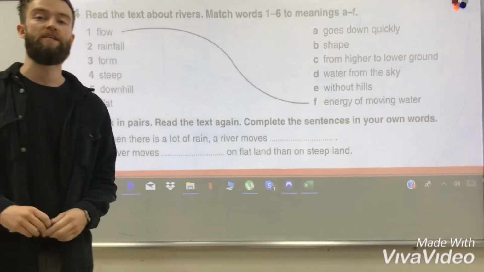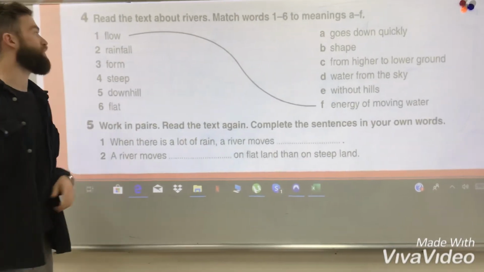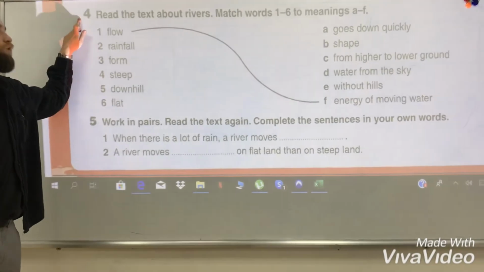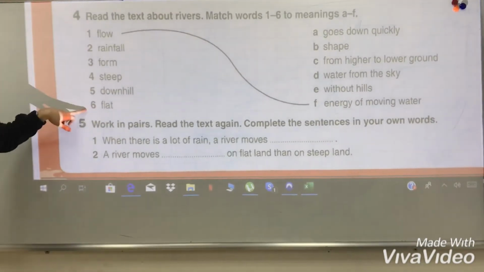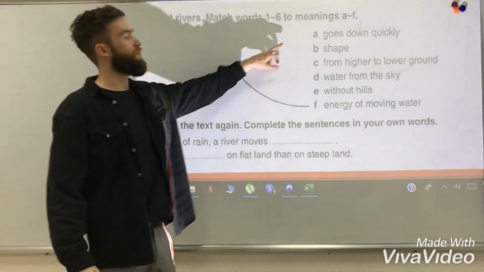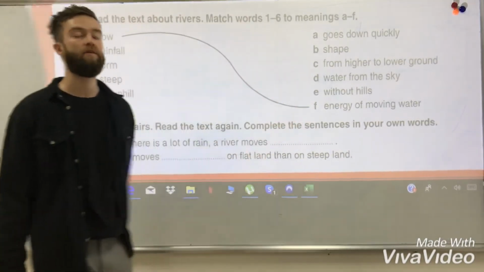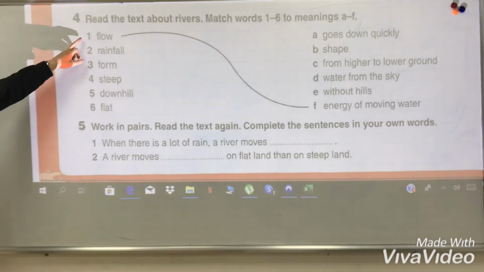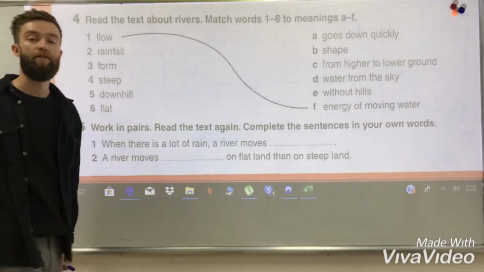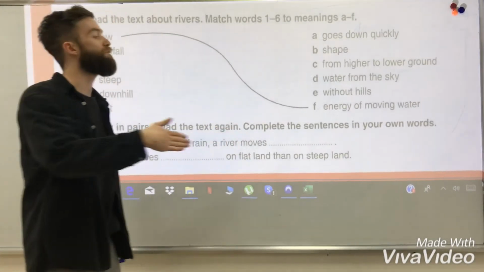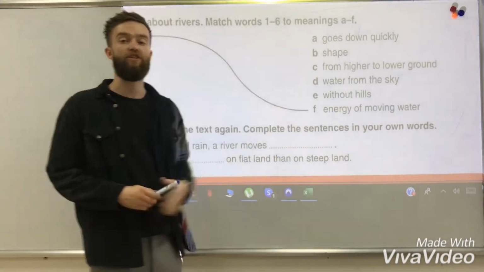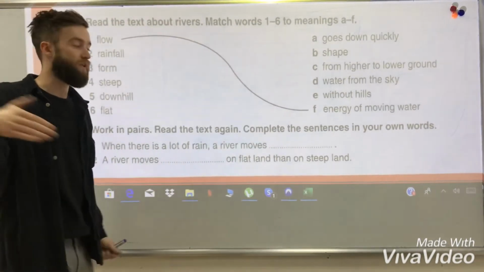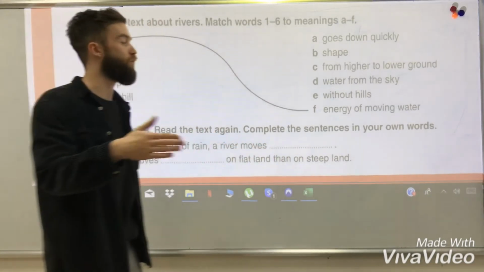Okay guys, so we're still on page 28 and we are looking at exercise 4. We have to look at the words 1 to 6 and match them to the meanings A to F. If we look at the first word, it is flow. Flow, which we said before is the energy of moving water, the flow of the water.